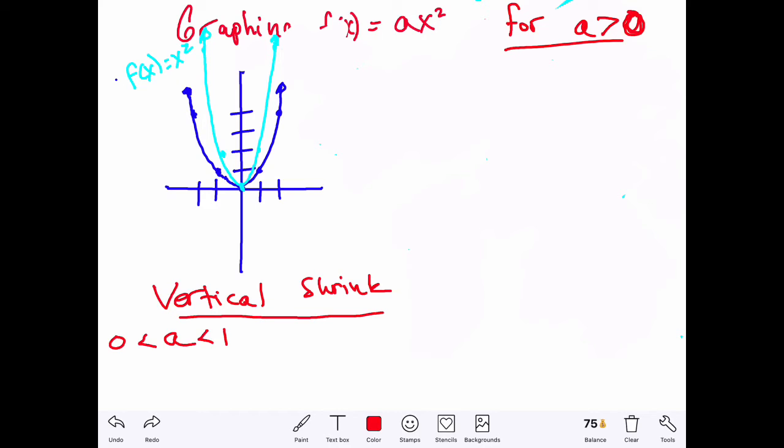But now this one is a between 0 and 1. For example, maybe we had this one, where a is less than 1 and greater than 0.